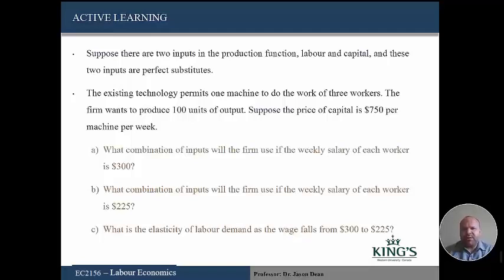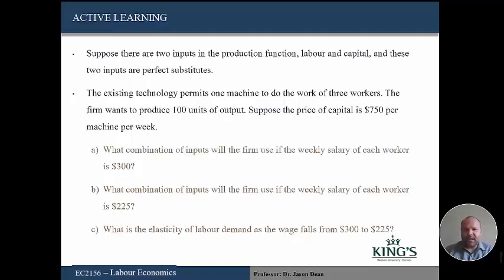The firm wants to produce 100 units of output. And suppose the price of capital is $750 per machine per week. So now it's asking, what combination of inputs will the firm use if the weekly salary of each worker is $300? In B, same question, but the wage is $225.